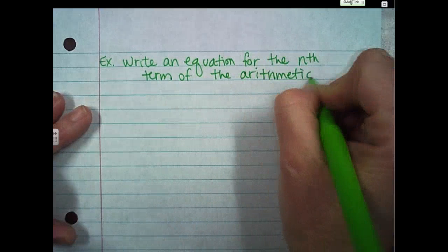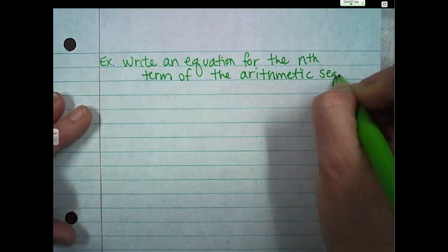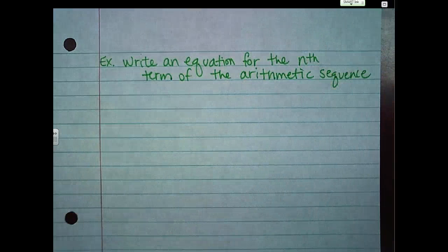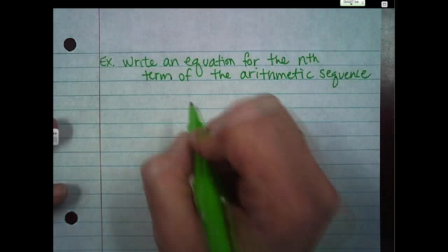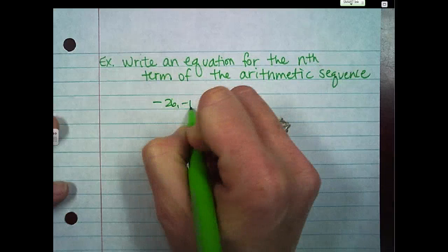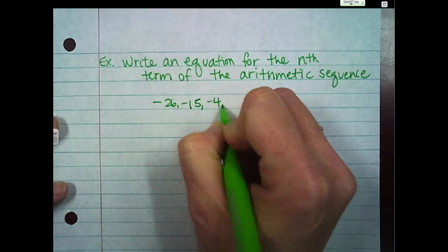Guys, they're telling you it's an arithmetic sequence, which actually helps you out. Obviously all today's sequences are arithmetic, but by telling you, they're automatically telling you there is a common difference. You should find it. And then it gives you the pattern, it gives you the sequence.